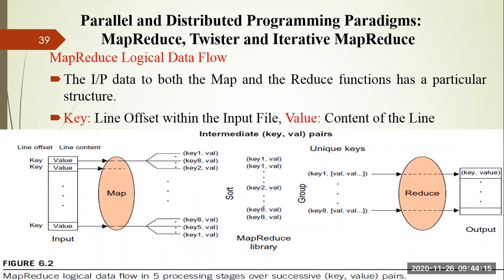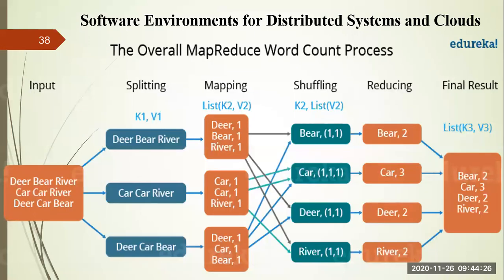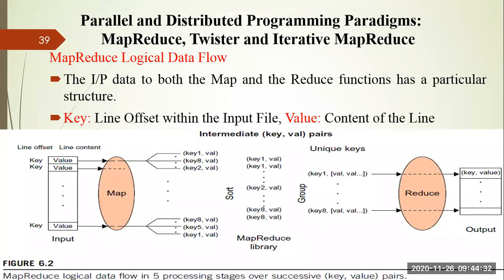The first line is given to the first map function, and the map function takes each word as a key value and generates its value. The key is the offset within the input file, and the value is the content of the line. Here you can see the input values are divided into various keys. We call this the line offset and this the line content.